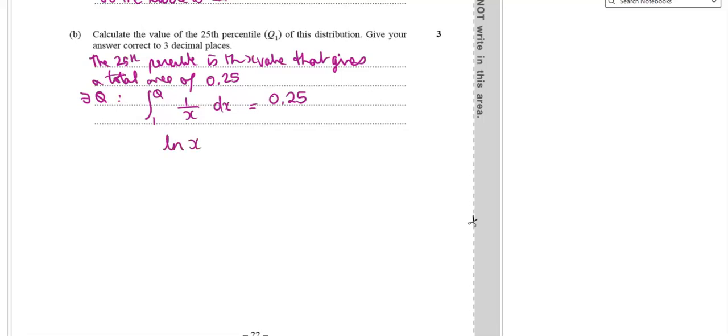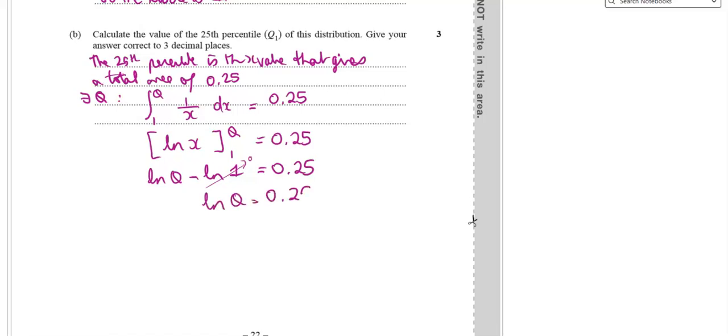We know that that integrates to ln x from 1 up to Q equals 0.25. So ln Q minus ln 1 equals 0.25, but we know that that is 0. So simply ln Q equals 0.25, or Q equals e to the 0.25.